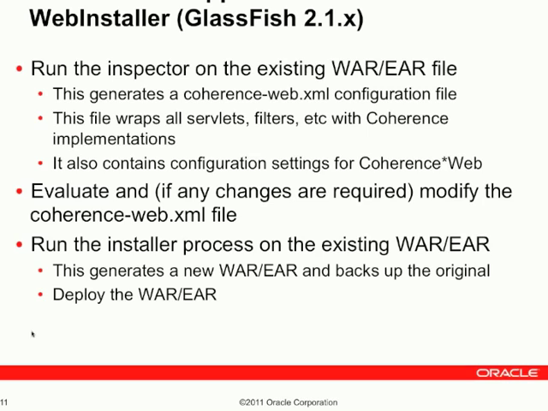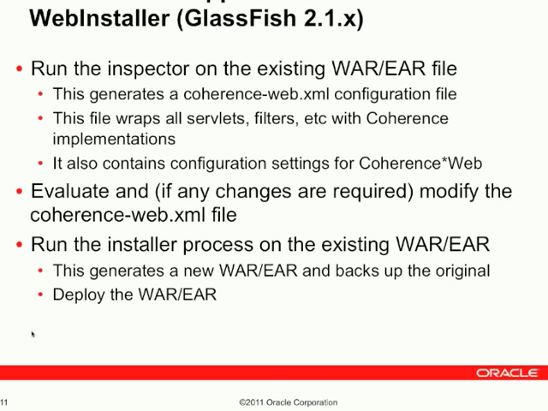Now, if you're using an older version of GlassFish and you want to use the generic J2EE instrumentation, or the web installer as we call it, you will run this against your WAR or EAR file. It'll generate a coherence-web config file. It'll wrap all the servlets and servlet filters, and extend all your JSP files with the appropriate Coherence Web implementations to delegate storage to Coherence Web.